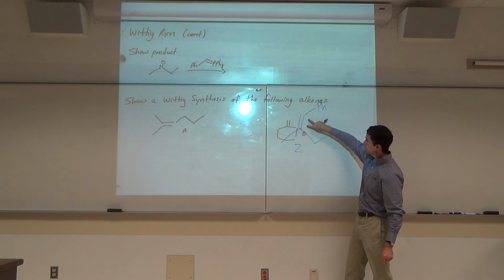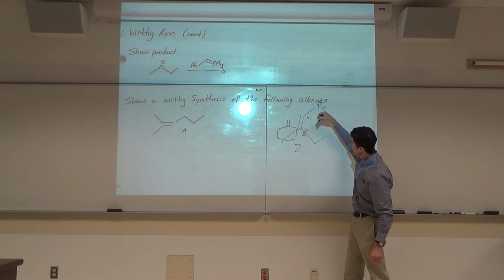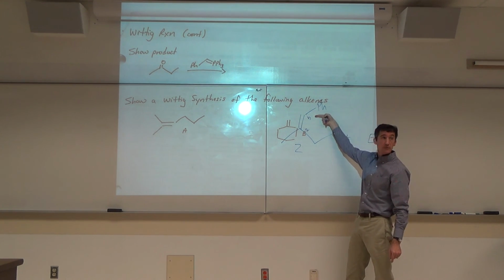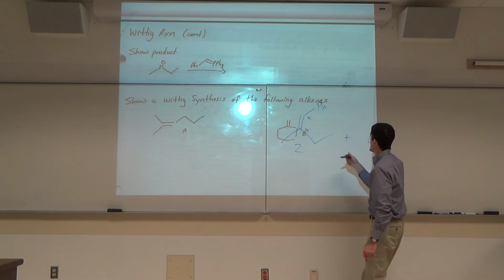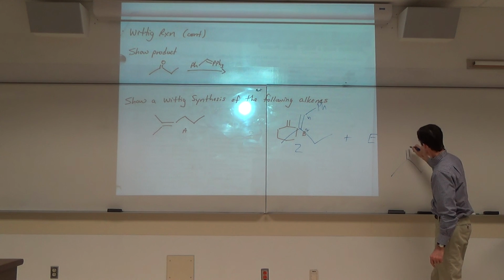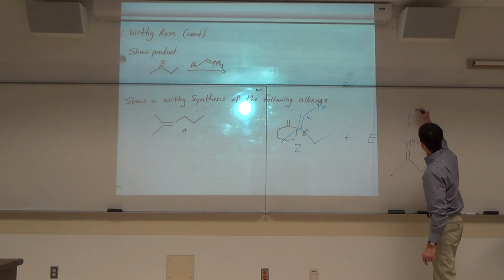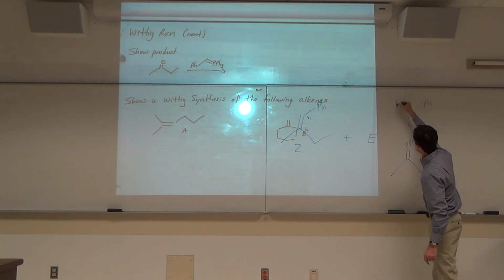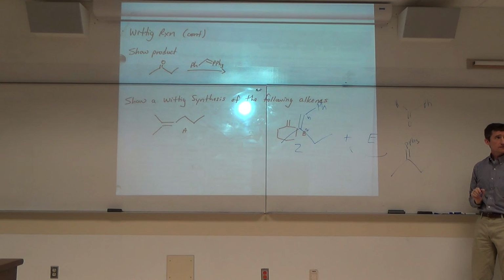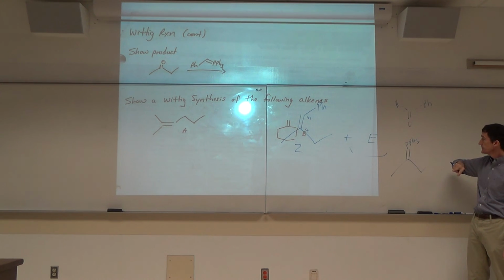In this product, which was the carbonyl, A or B? A. But actually, B could have been a carbonyl, because this could have come from that plus that. Wouldn't that have also given that? This is where you reverse which is the ylide and which is the carbonyl.